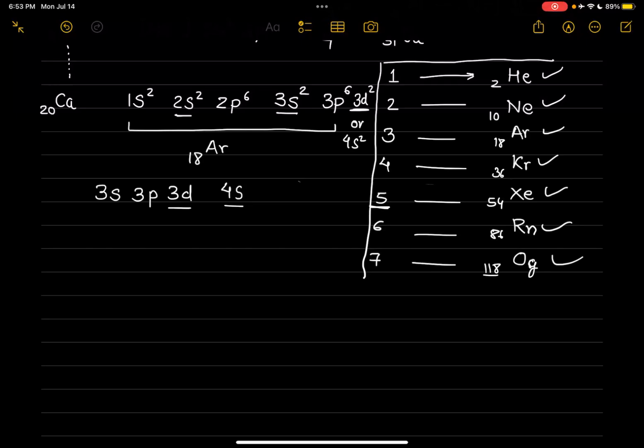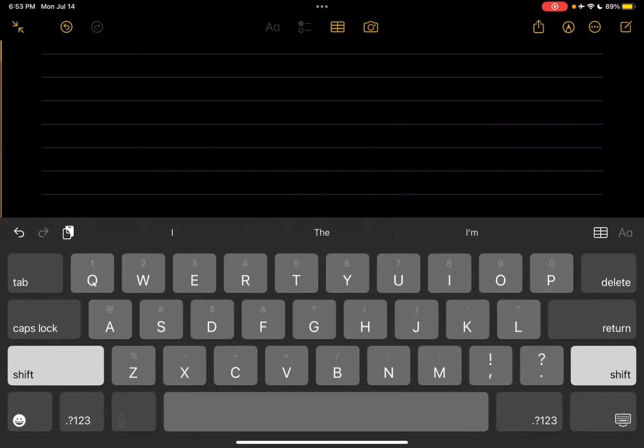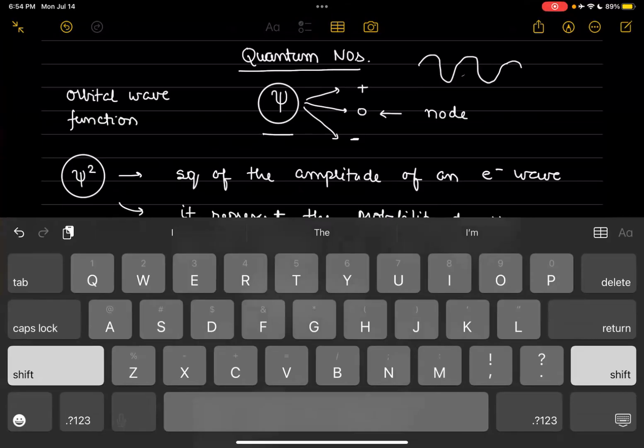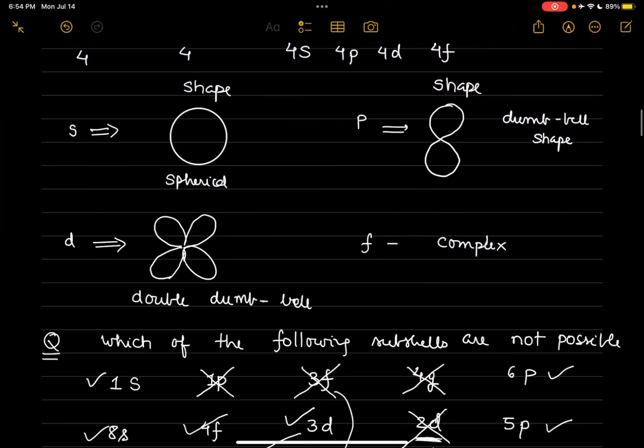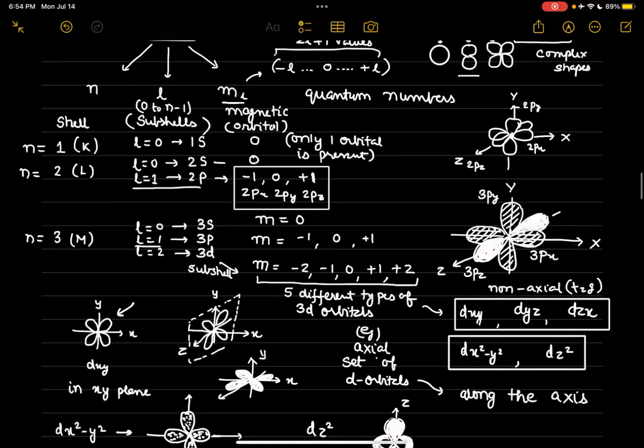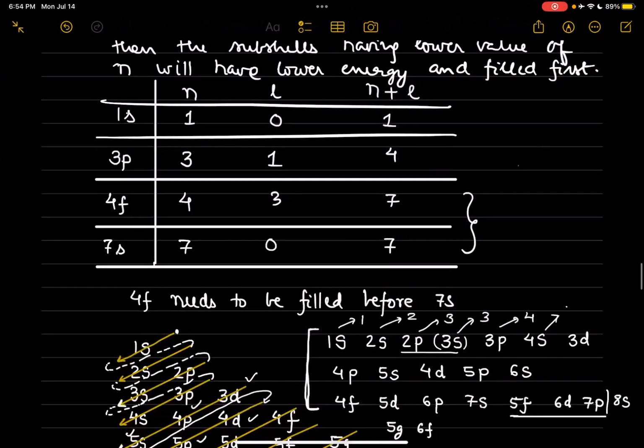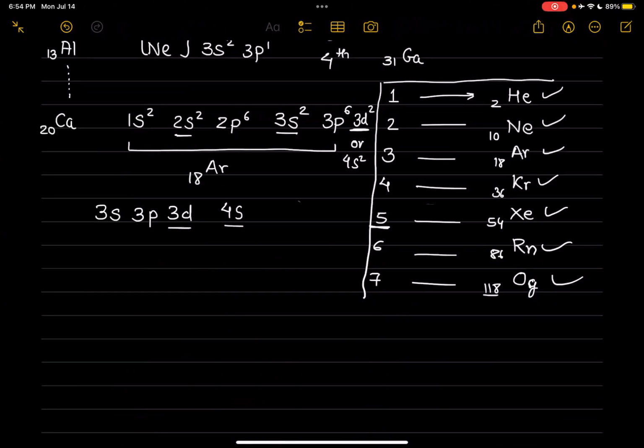Got it. But how to choose within the subshells? There is a rule, the n plus l rule. Subshells need to be filled in increasing order of their energies. A subshell having lower energy will be filled before the subshell having higher energy, and I'm not going to calculate the energy.